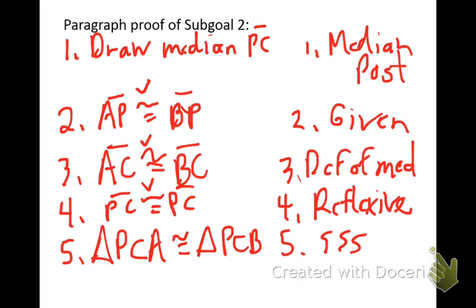There's my side, side, side. And then step 6. In step 6, I want to say angle PCA is congruent to angle PCB, and that's by, how do I know those two angles are congruent, Shatish? CP. CP.